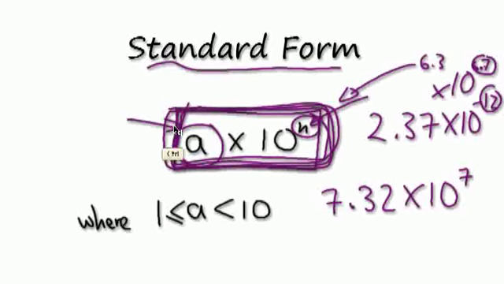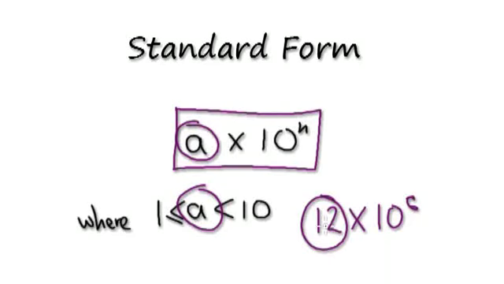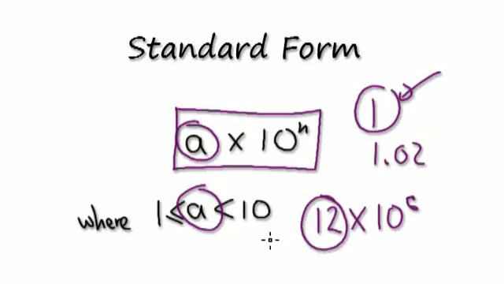And this number here, a, can be 1 or larger than 1, but it has to be less than 10. So you can't write, let's say, 12 times 10 to the power of 6, because this number here can be 1, and it can be 1.02 or whatever, but it has to be 1 or above and less than 10.